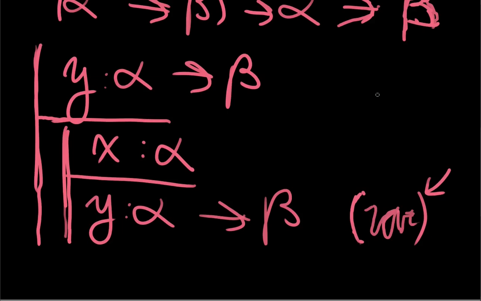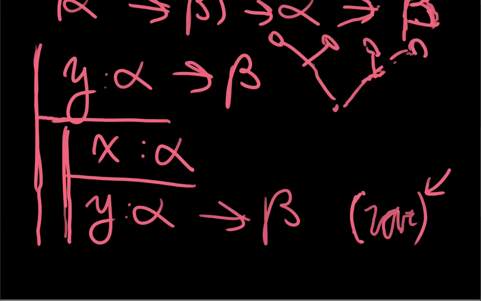so a proof is like, you can look at it as a tree structure, right? You assume some things. So the assumptions are like the leaves of the tree.